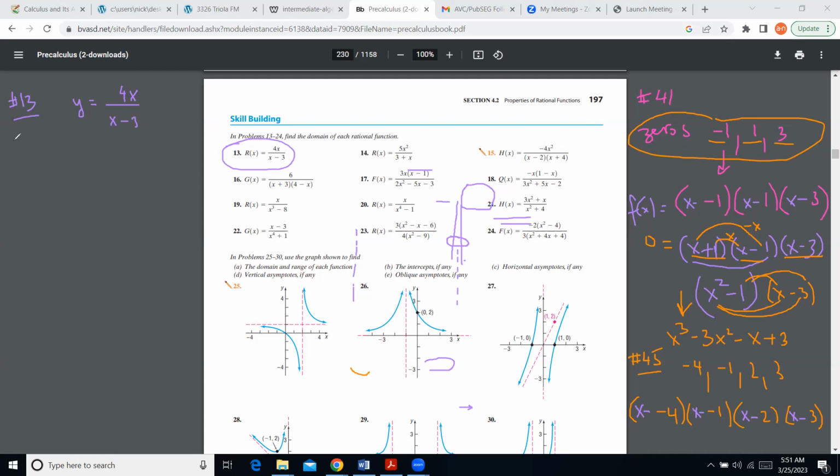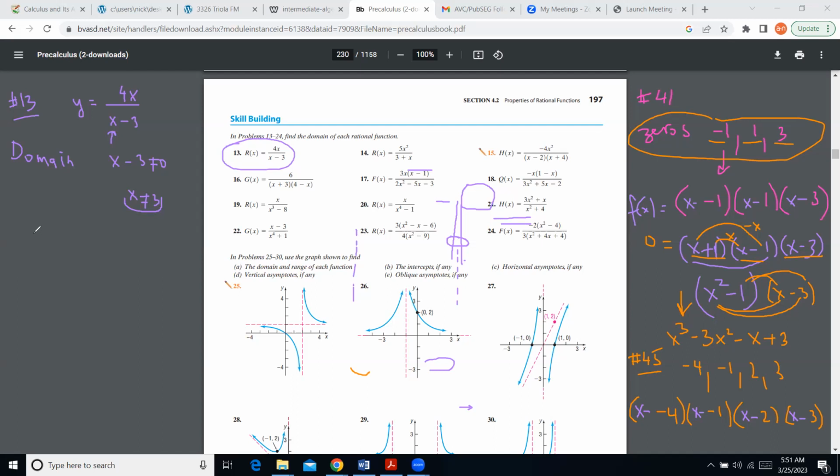Then the points that I can plug in to my function will contain everything with the exception of number 3, because if I utilize 3 instead of x, then I'm going to end up with something with a 0 in my denominator.